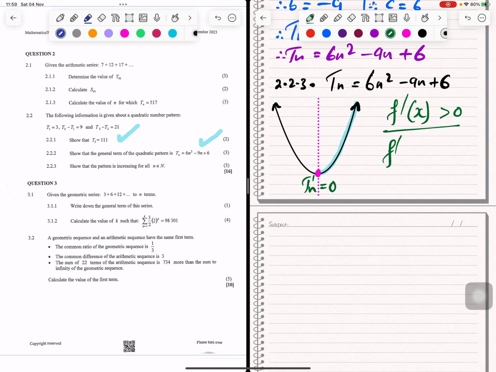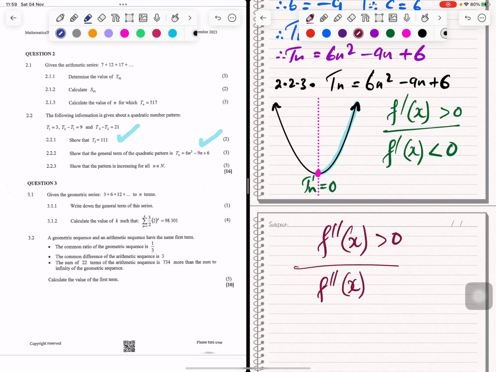And if you have the first derivative at x being less than 0, this means decreasing. Concurrently, if you have the second derivative being bigger than 0, this means the graph will be concave up. And if you have that less than 0, it means the graph is going to be concave down.